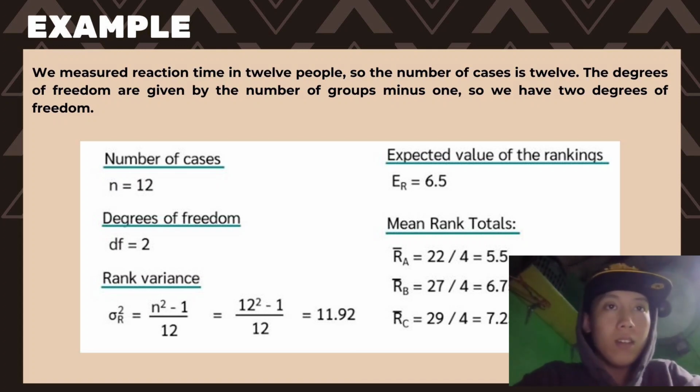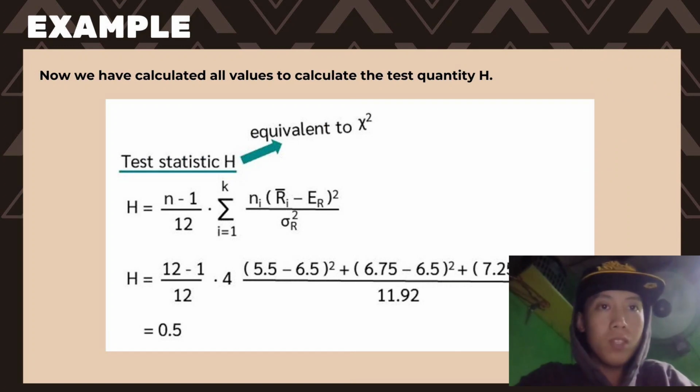Next is the expected value of rankings. This is what we computed in the previous slide, equal to 6.5. Mean rank totals. These are the totals of the mean ranks also computed in the previous slides. So, let's proceed to the H-test because we now have everything we need. So, this is the formula for our H-test. N is for the number of cases.